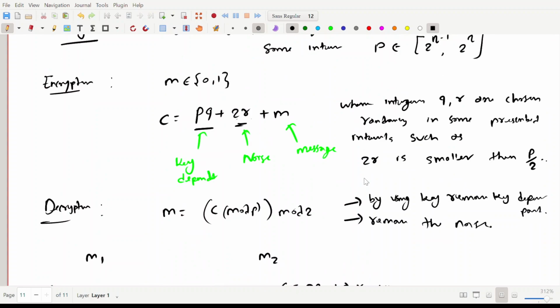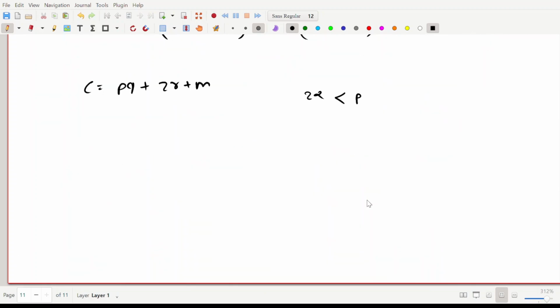This noise 2R part is less than P by 2. Why is this true? Let us see. The modulus of 2R should be less than P by 2. That means your noise should be less than the modulus divided by 2, whatever that number is.